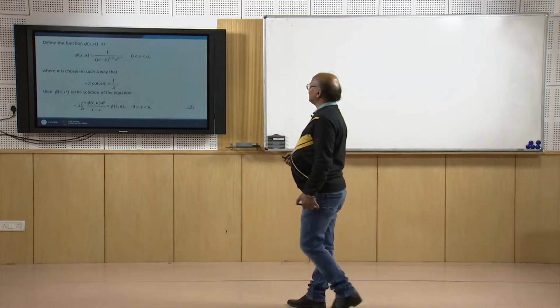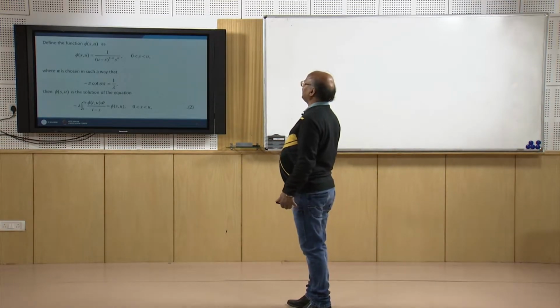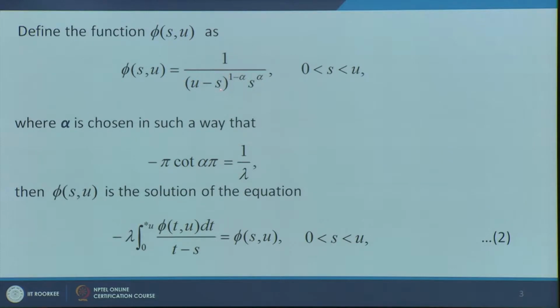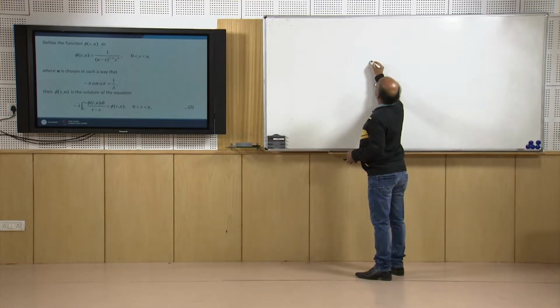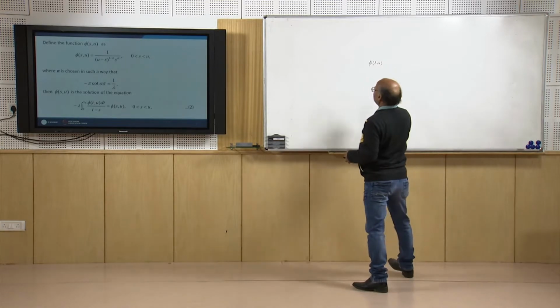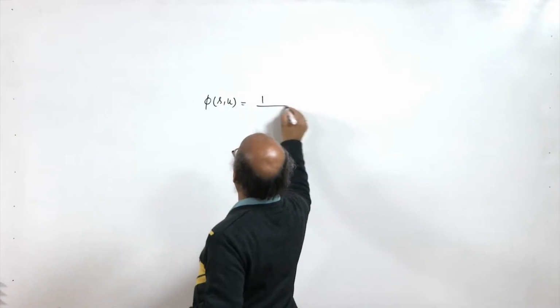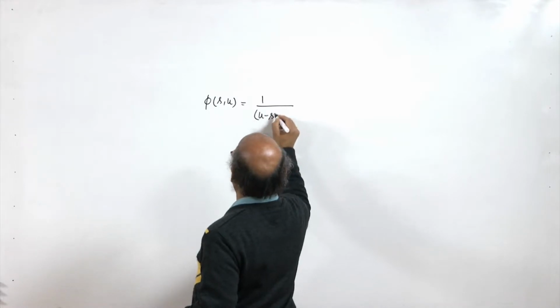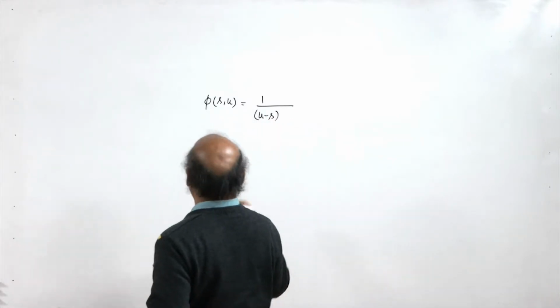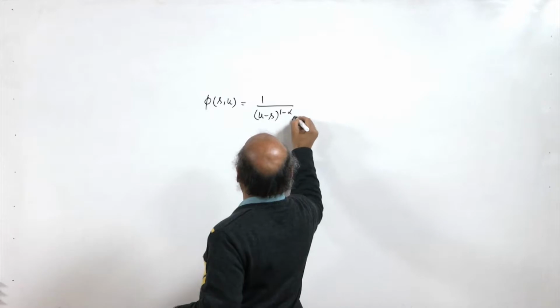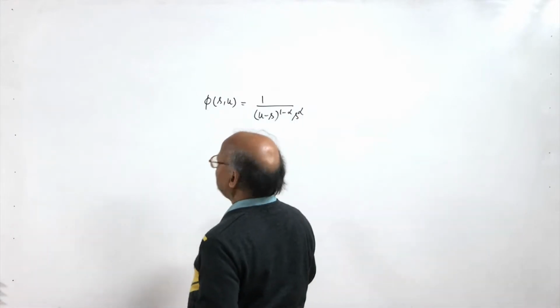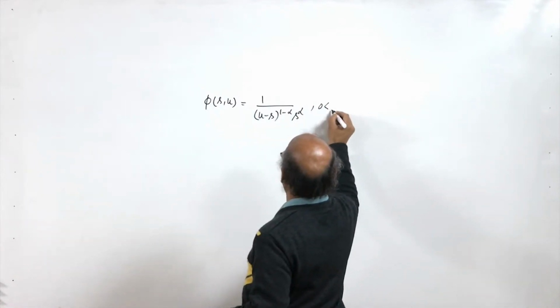Now what we do is, let us define a function phi(s,u) equal to 1 over (u minus s) to the power 1 minus alpha, s to the power alpha, where 0 is less than s less than u.